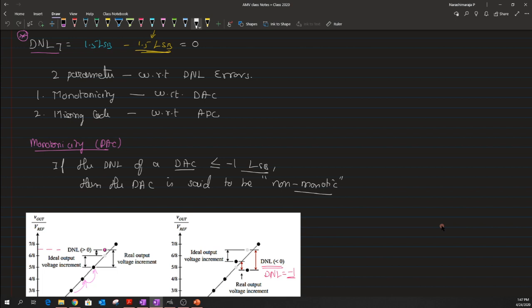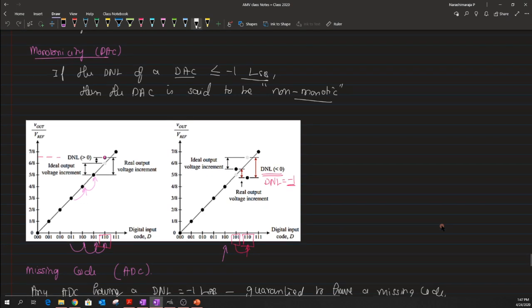So we went through monotonicity for a DAC, stating that monotonicity is when you increment the digital inputs, the output also has to get incremented. And the data converter, the digital to analog converter, is supposed to possess this particular property.